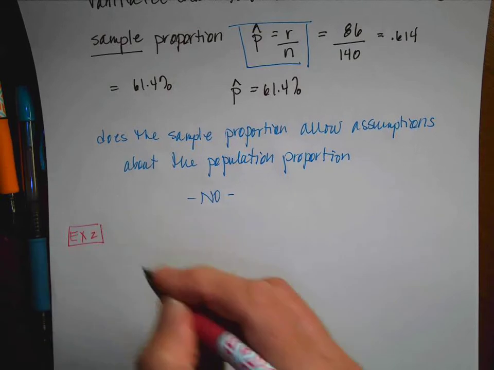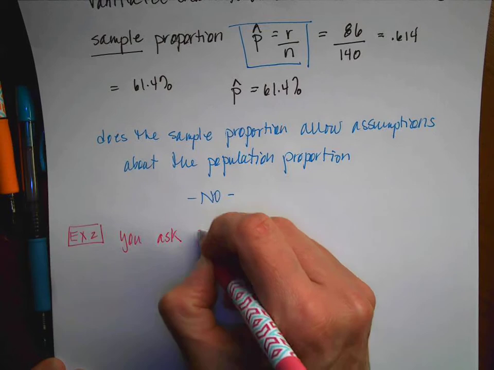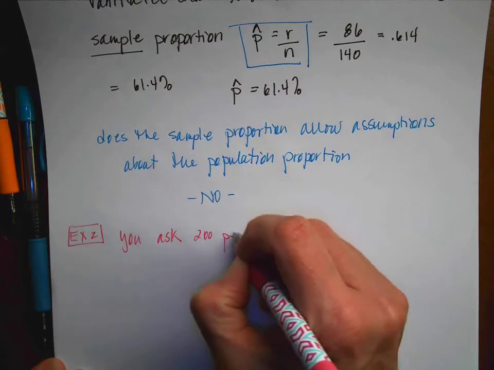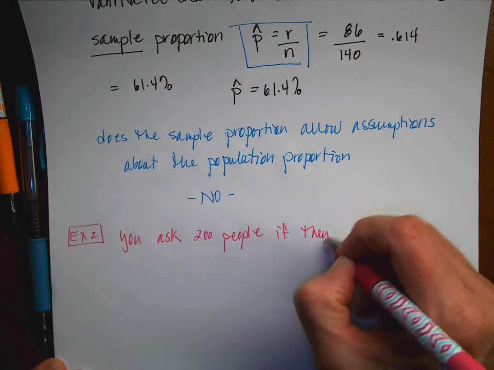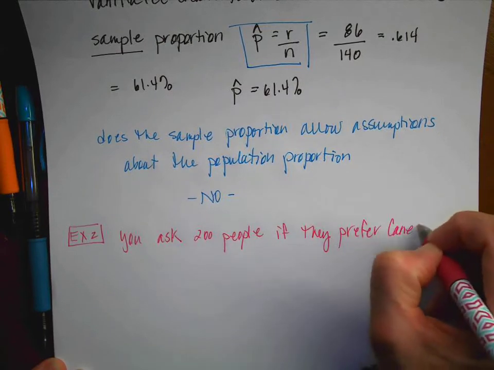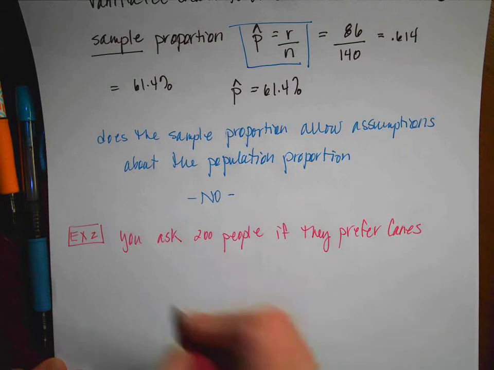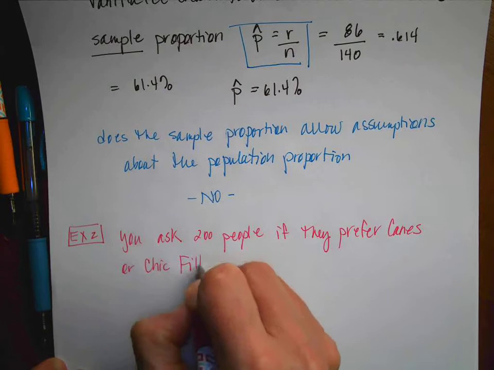Okay, so for example number 2, you are going to ask 200 people this time if they prefer Cane's, that just makes my tummy hungry, or Chick-fil-A.